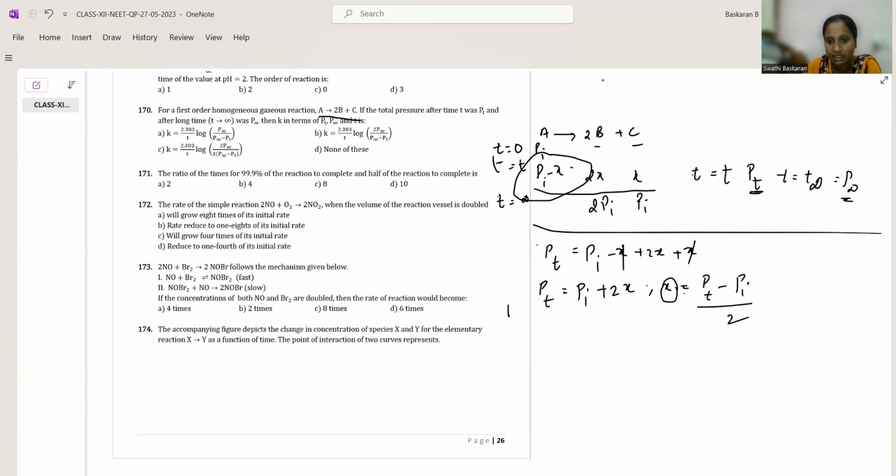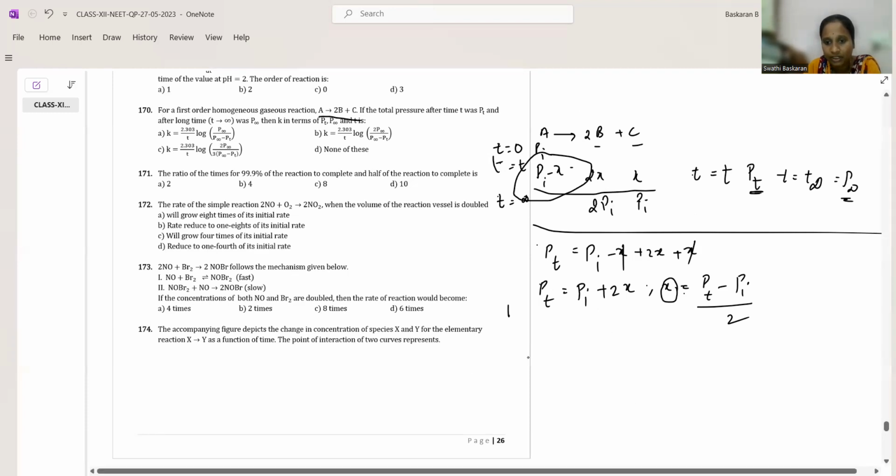We know that when time t is equal to t, the pressure of A is Pi minus x. So now substitute the value of x here. Then it is Pi minus, in whole brackets, Pt minus Pi divided by 2.